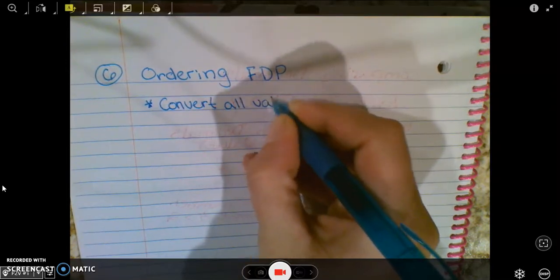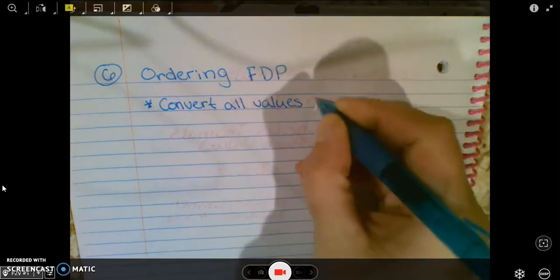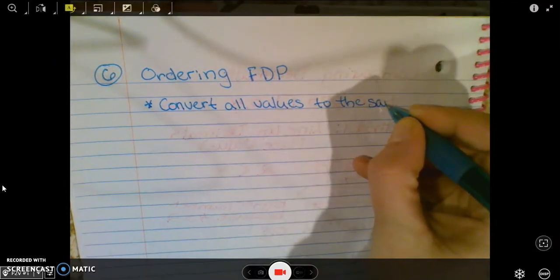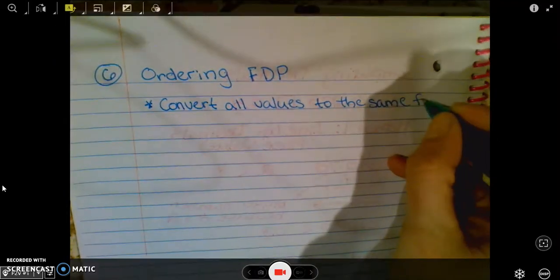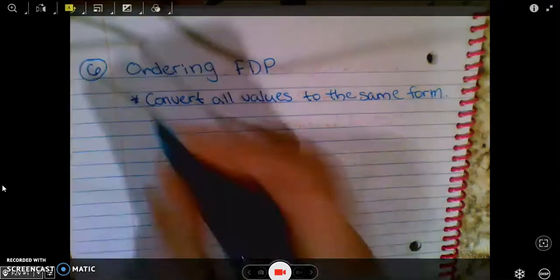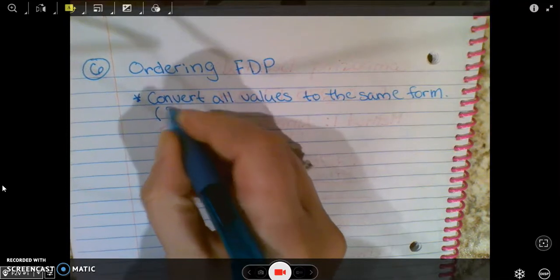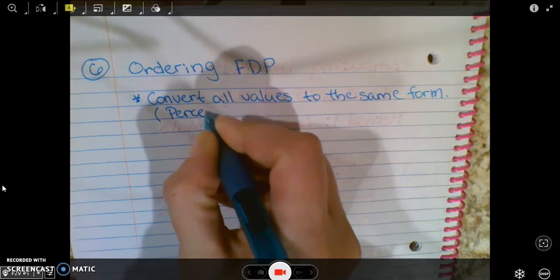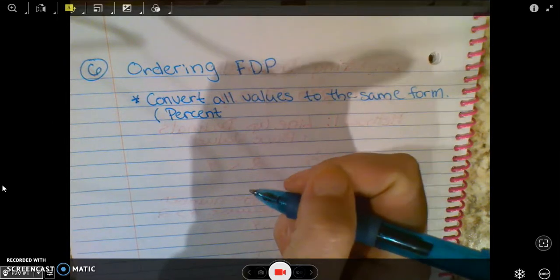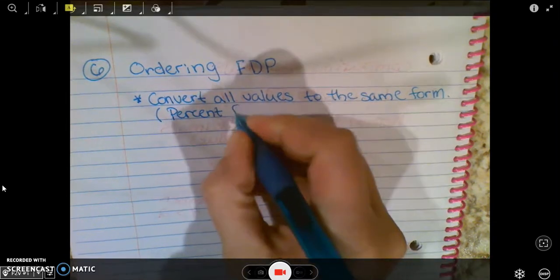all values to the same form. Now, for me, I like to put everything into percent form because people make fewer mistakes with ordering percents.